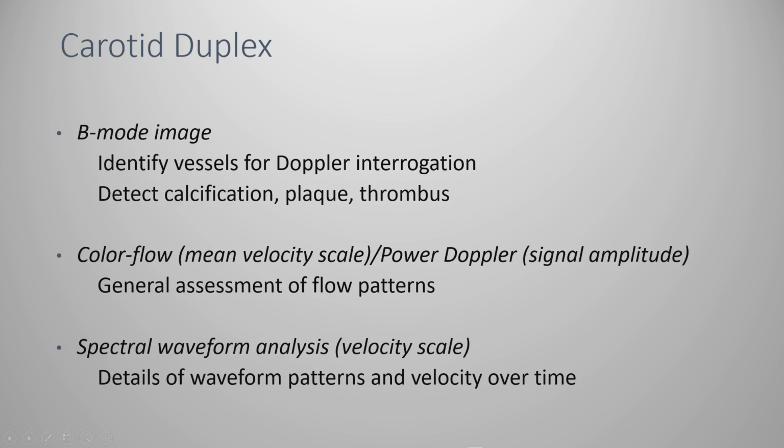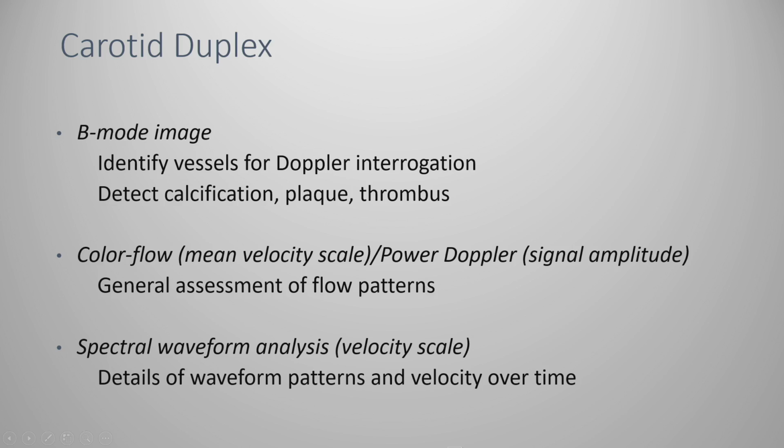And while we grade the majority of the lesions that we're going to see with spectral Doppler, we get an assessment of these things in terms of the flow patterns with color flow, which, to reiterate, is a mean velocity, not a peak velocity scale, and power Doppler, which I always insert the word amplitude into so that you remember it is not a velocity scale, but an amplitude scale that is shown for general assessment of the flow patterns.